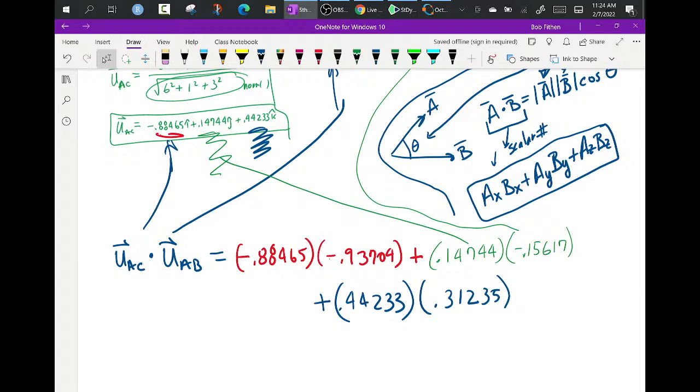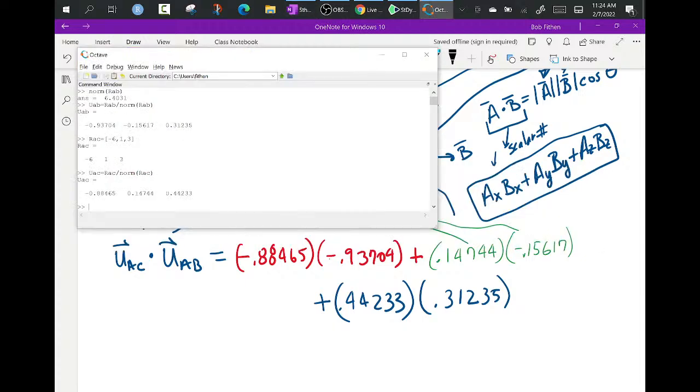inside Octave, it has this thing called a dot. So if I dot two vectors, and I just happen to dot UAC with UAB, that number that pops out of there, oh, well, yeah, if you dot a vector against itself, it becomes 1 because that gives you the length.